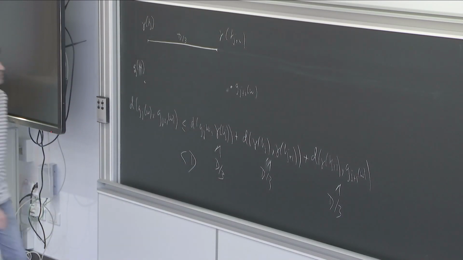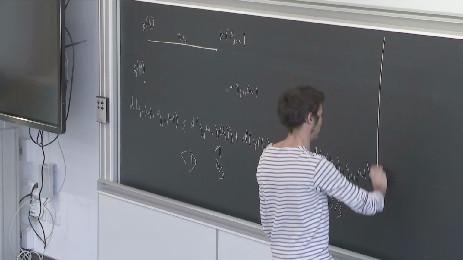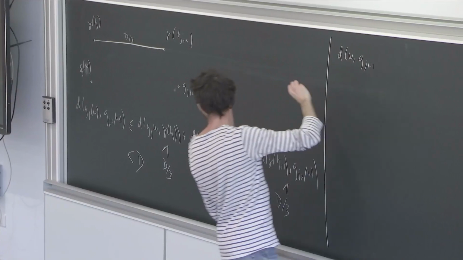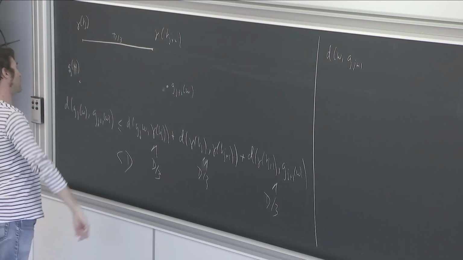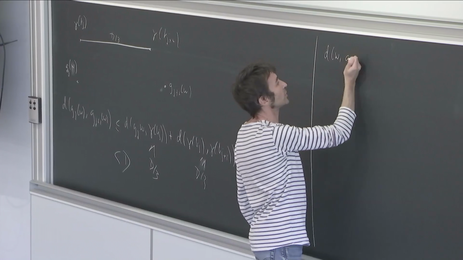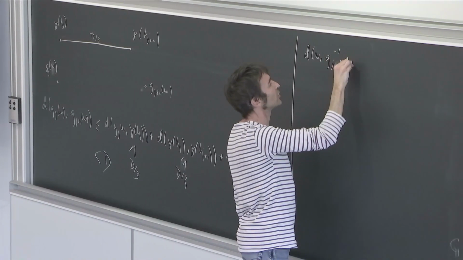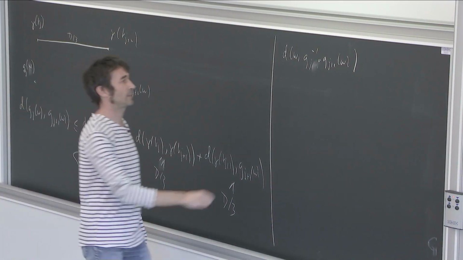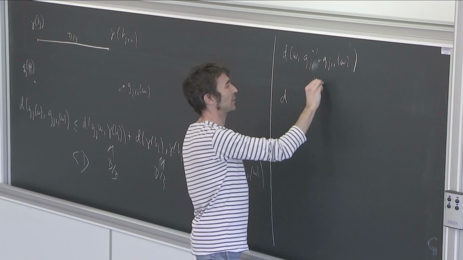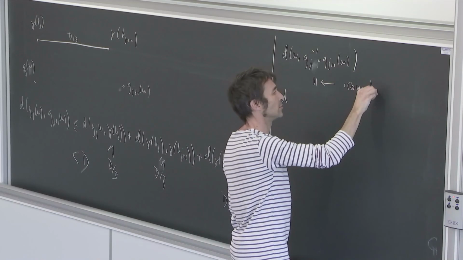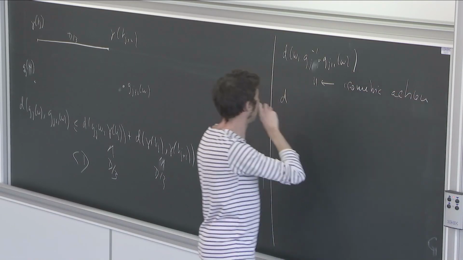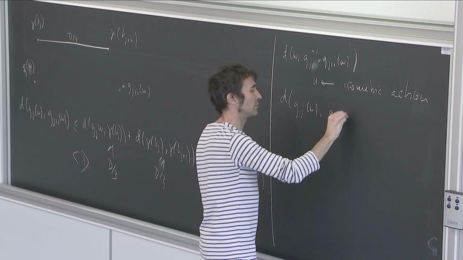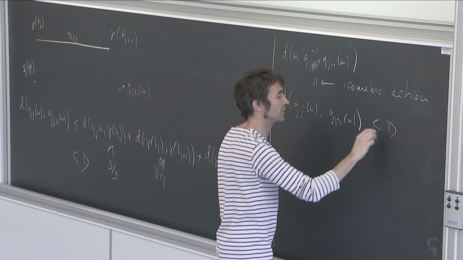Thus, if I compute the distance from W to Gj inverse composed with Gj plus 1 of W, because my action is by isometry, this is the same as the distance from Gj of W to Gj plus 1 of W, and this is at most d.